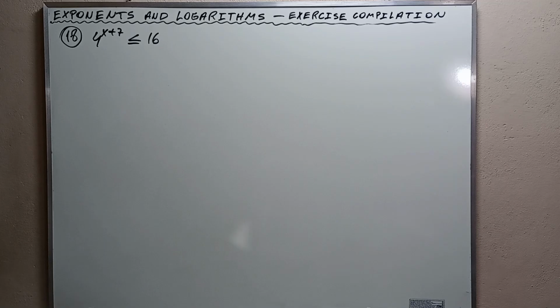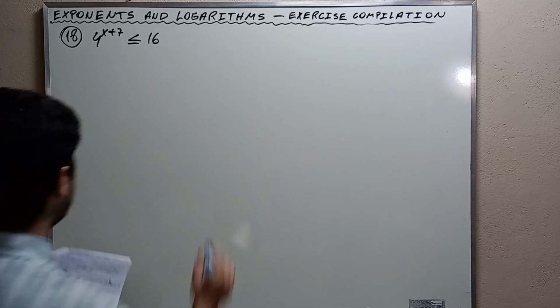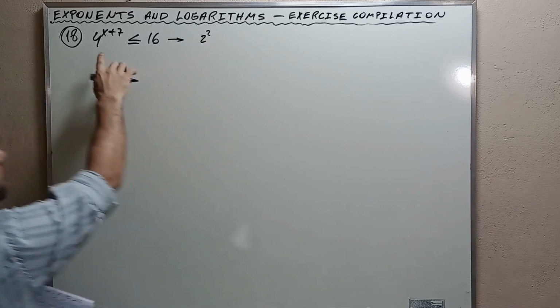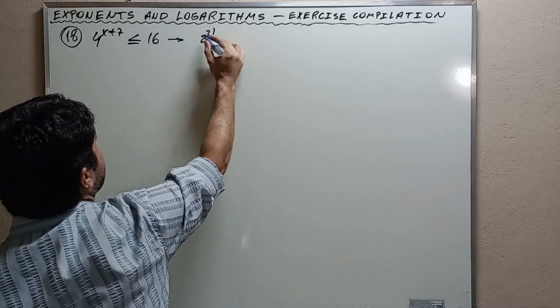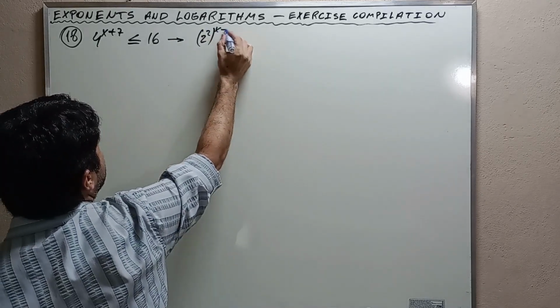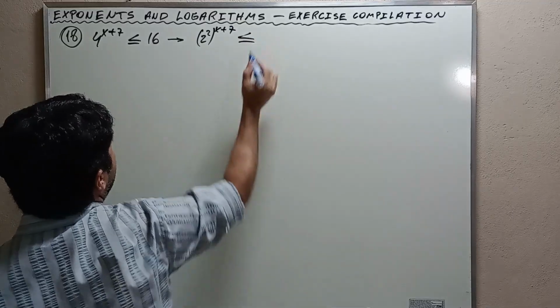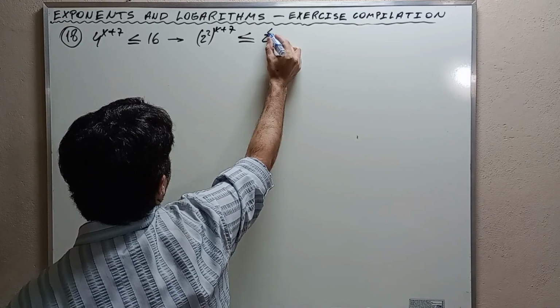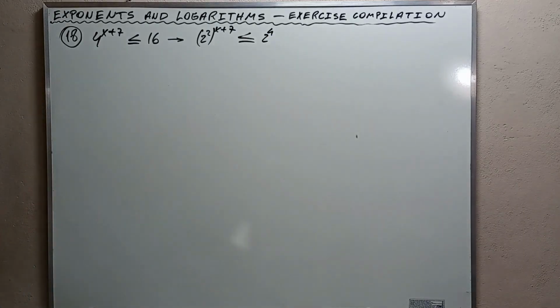The solution is this, my friends. Reducing both sides to the base 2, we get 2 squared, because 4 is 2 squared, raised to the power of x plus 7 less than or equal to 2 to the 4th. Okay, 16 is 2 to the 4th.